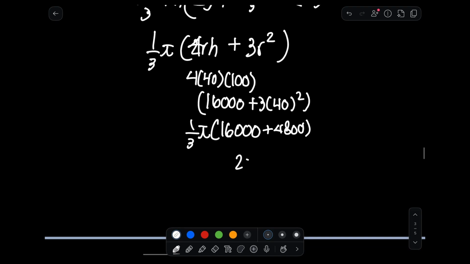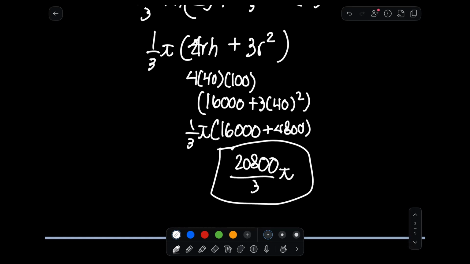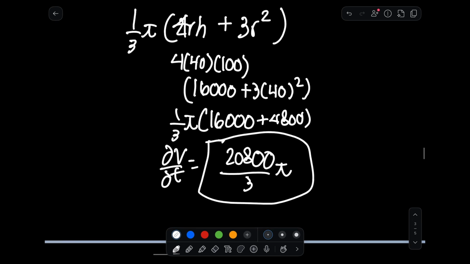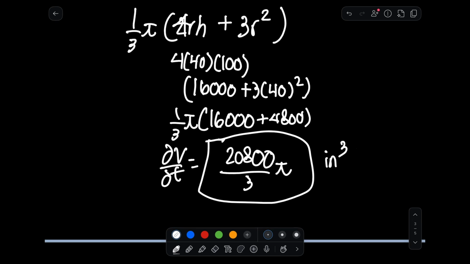And this is going to become 20,800 pi over 3 as our final answer for del V del T. And don't forget your units. It's always going to be inches cubed per minute because it's a volume.